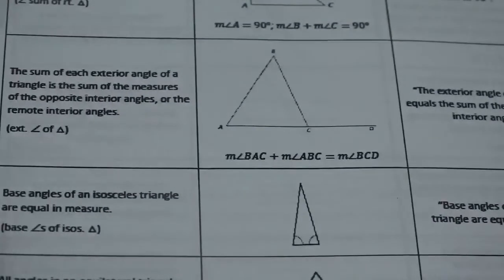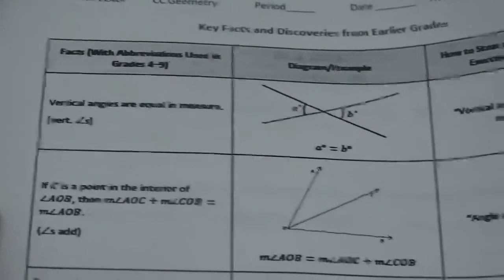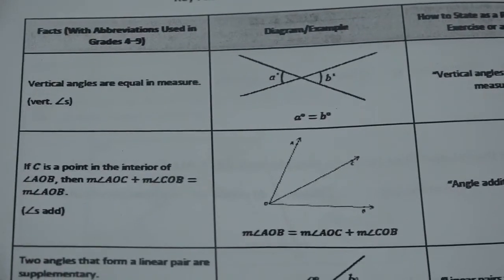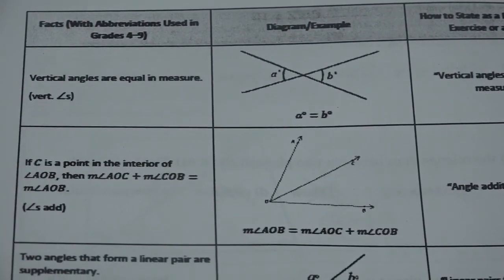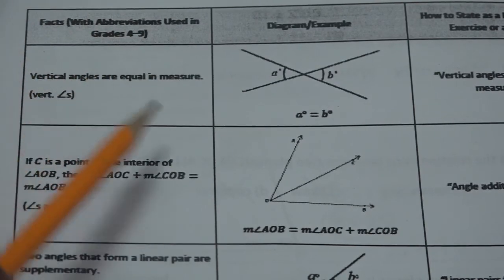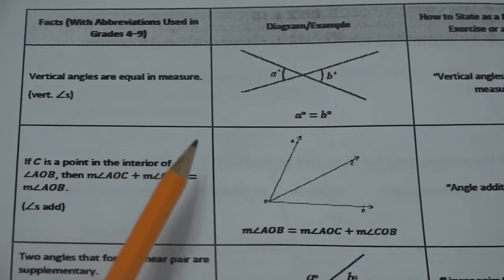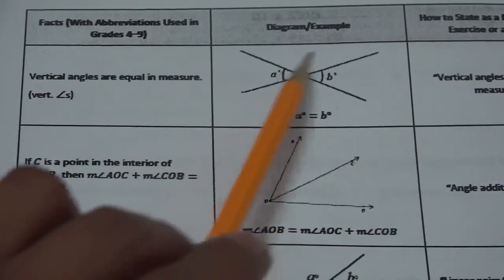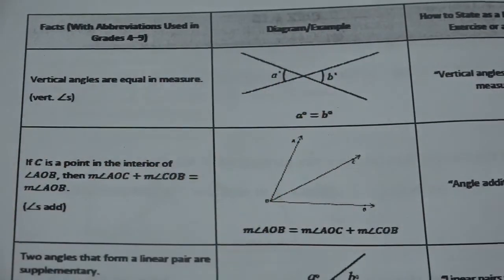And then you have your key facts that you have to study and memorize. We already went through all of them. Now it's your responsibility to study all this. So we have vertical angles: intersecting lines, opposite to each other.